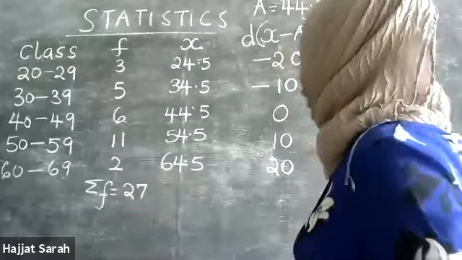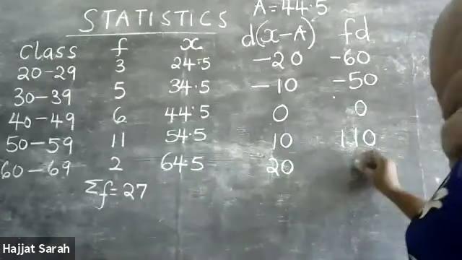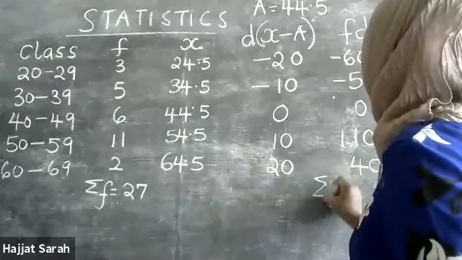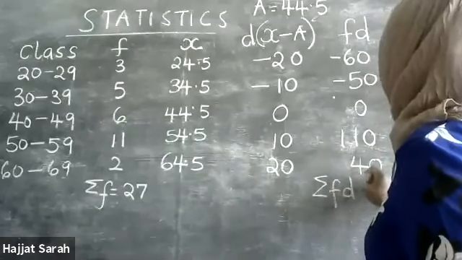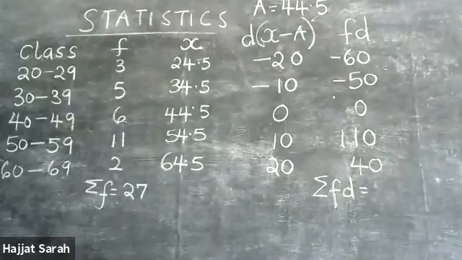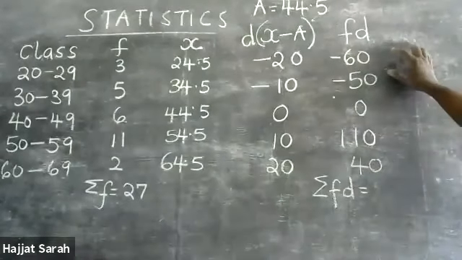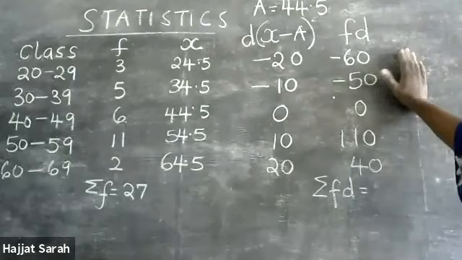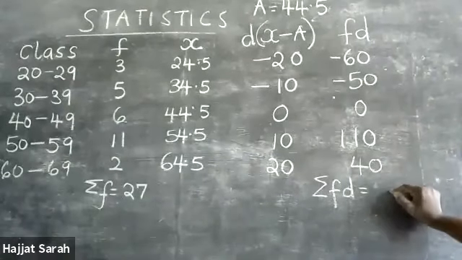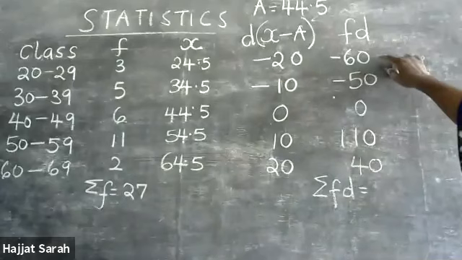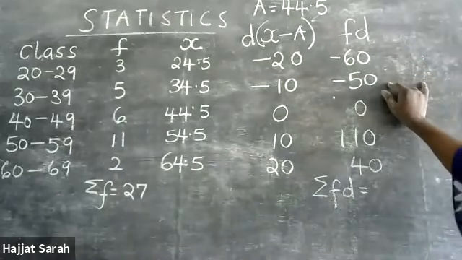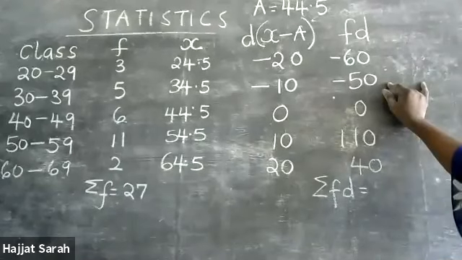And then 2 times 20 will give you 40. Then you add up your summation of FD. Add up the negatives, and whatever you get, subtract it from the positive values. So when I get negative 60 minus 50, that is negative 110, isn't it? Are we together?